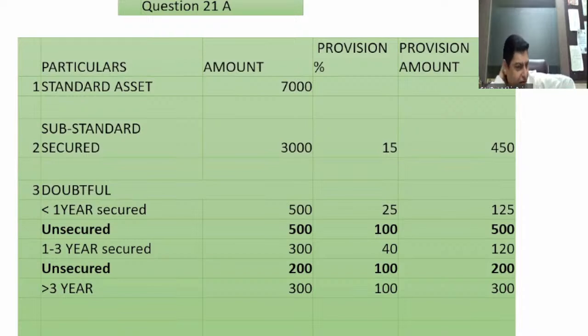Unsecured doubtful is always 100 percent, and secured as per the period is 25, 40 and 100. I hope till here everybody is clear, guys. Right?